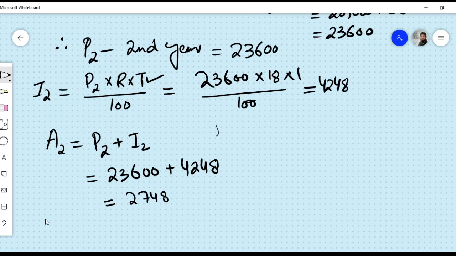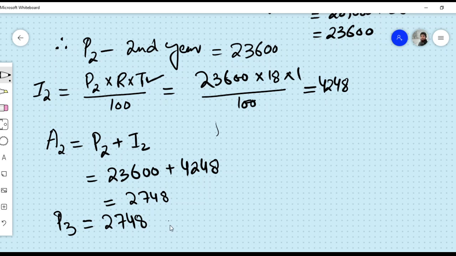Therefore, when we calculate the interest for the third year, this same amount will be the principal amount for the third year.